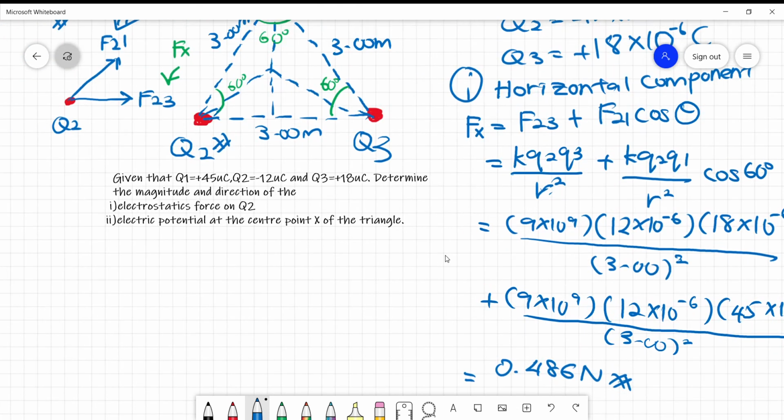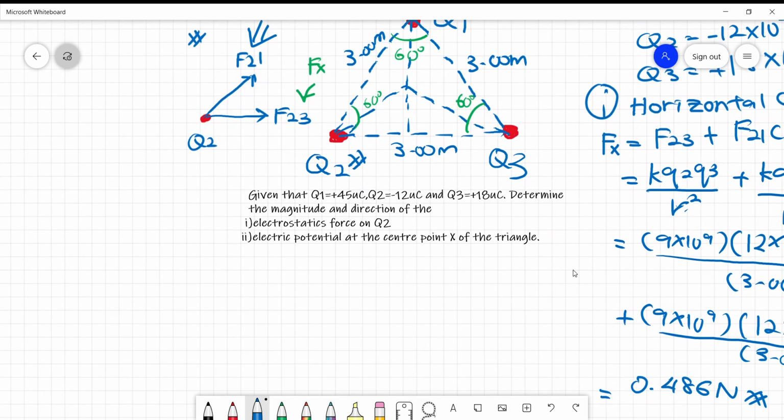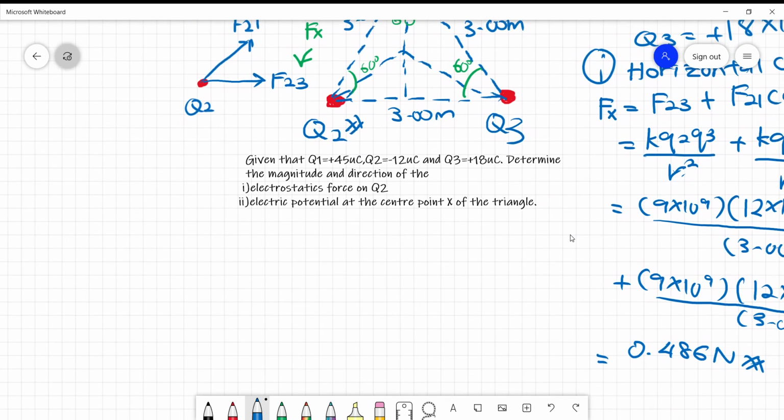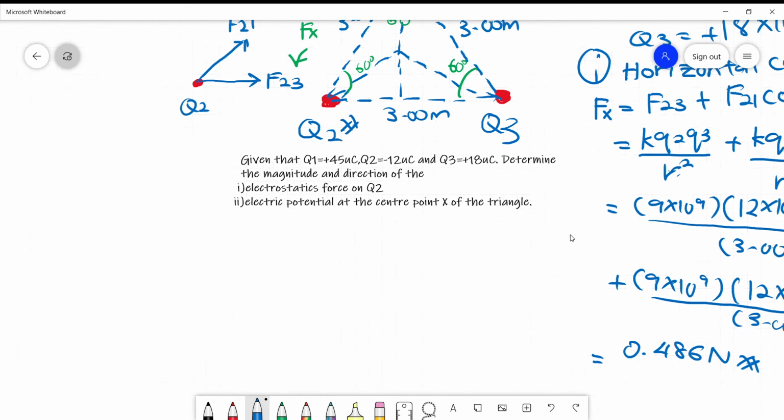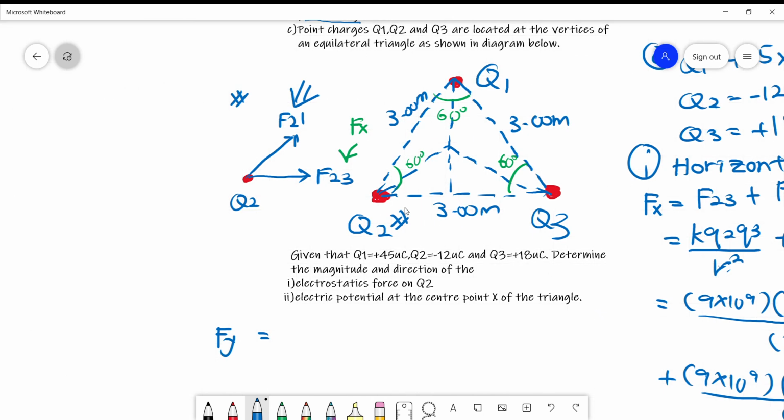So this is Fx. So what about the Fy? The vertical force which acting on Q2. So the vertical force obviously consists of only one force. So Fy. The vertical force exerted is only the forces which came from the F21.